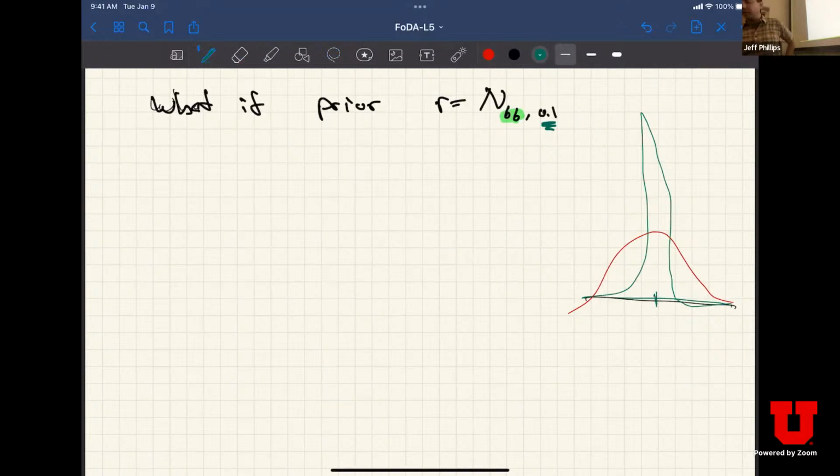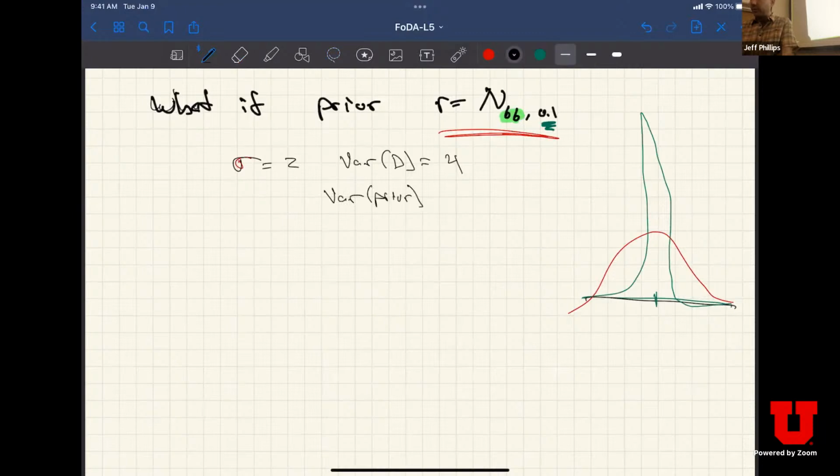So let's say I actually drew this from a much larger distribution, my prior, and I have much more confidence in this prior. So the standard deviation goes down to 0.01. Now the ratio of the variances: the variance of D is going to be equal to 4, and the variance of the prior is now going to be 0.01.